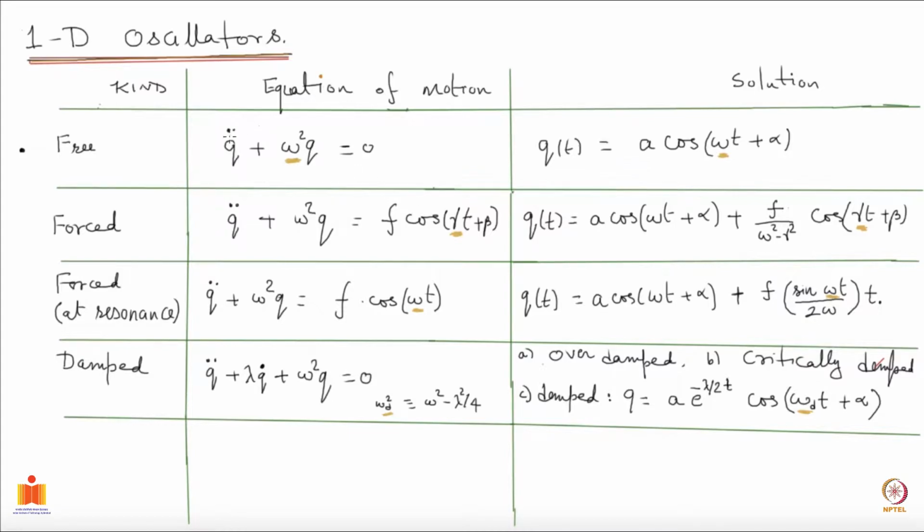the same oscillator, but now this time it is acted upon by some external agent, which is exerting a periodic force with frequency gamma, and beta is some phase that we have chosen for that oscillator.